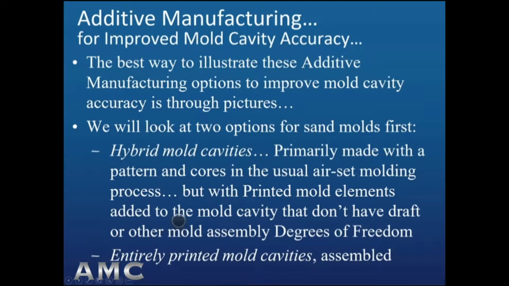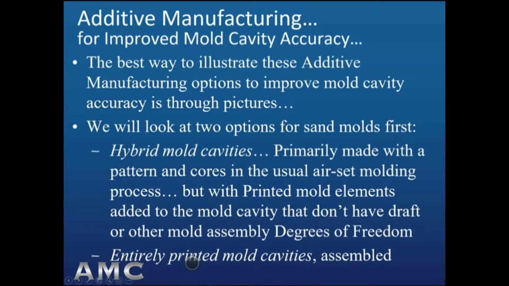We'll look at two options for sand mold first: hybrid mold cavities, primarily made with patterns and cores in the usual air-set molding process, but the hybrid part comes when we add printed mold elements to the mold cavity that don't have draft or other mold assembly degrees of freedom. Entirely printed mold cavities assembled is another option.